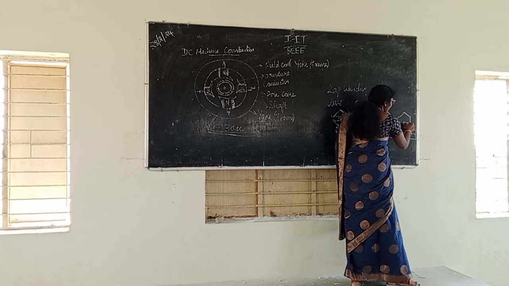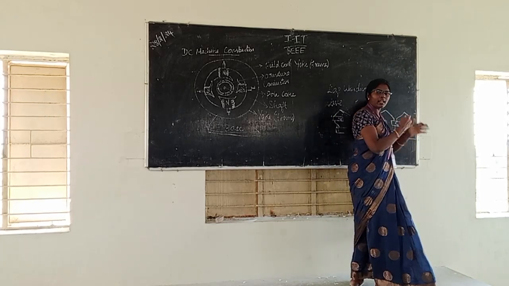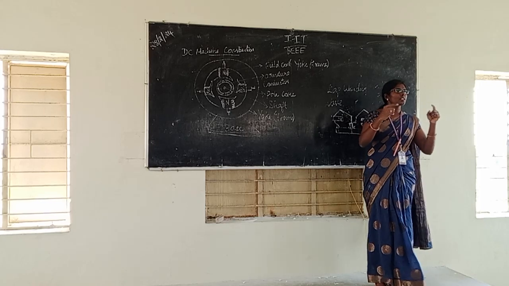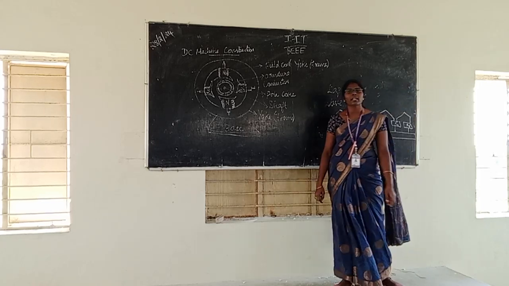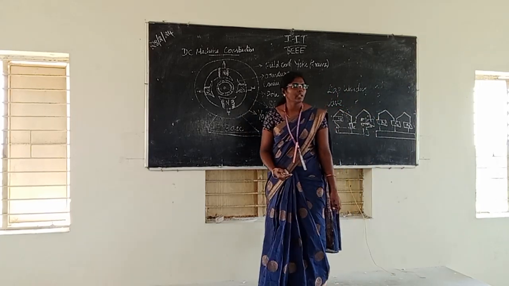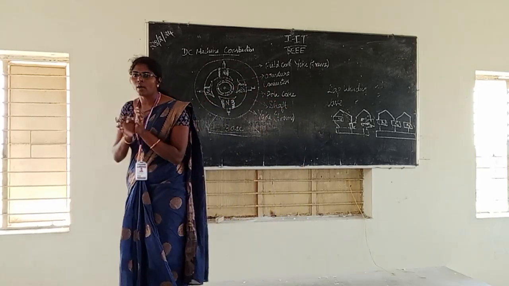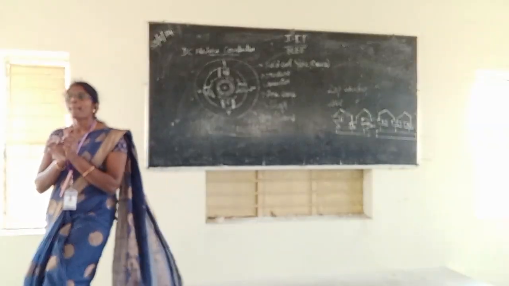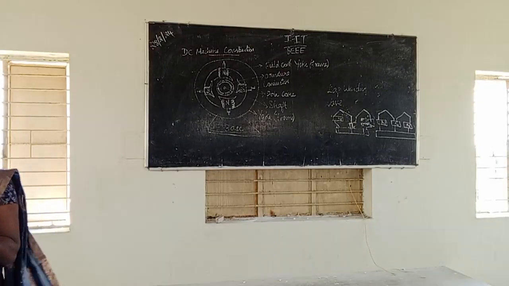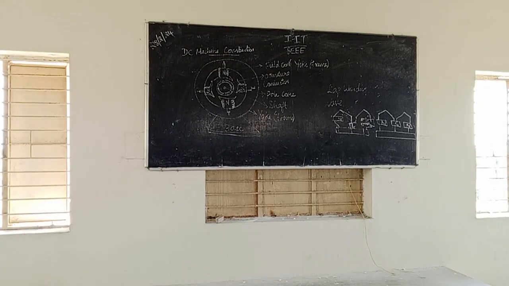If it is connected in series, one after the other, and both ends are connected in parallel, we say lap winding. You need not draw that, just know it. Lap winding means the ends are connected in parallel, and if it is connected in series, that winding is said to be the wave winding. These are the constructions of the armature winding.